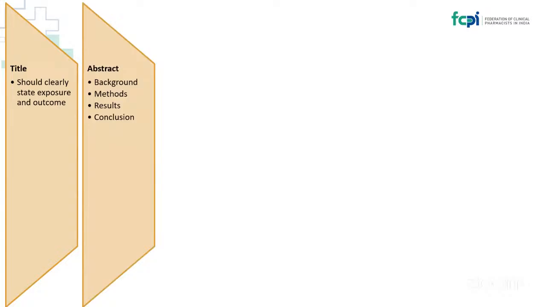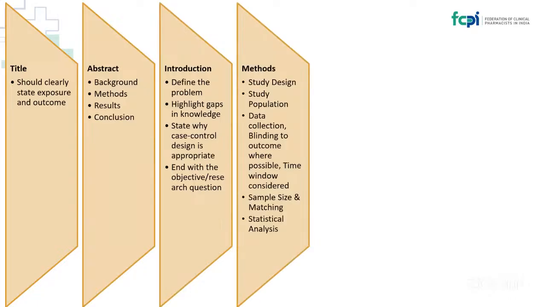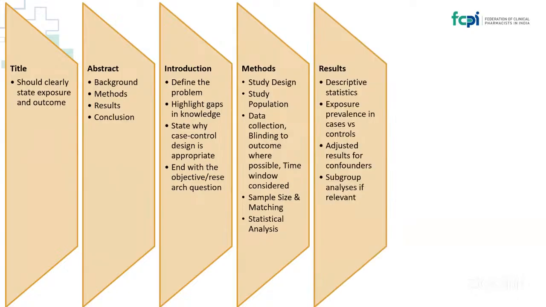Next, the abstract should be structured. The introduction should highlight the gap that you are addressing, and should state the time window that you have considered for your study, the sampling, and how the sample size was calculated, etc. And it will give the significance of your collected data.